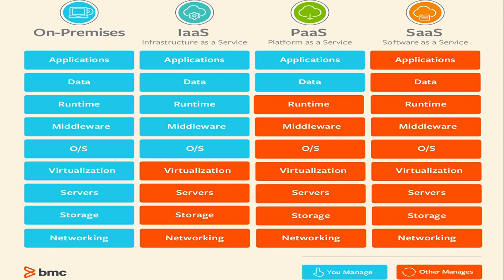In the case of platform as a service, the cloud vendor provides you network, storage, server, virtualization, OS, middleware, and runtime, and you need to manage the application and data. But with SaaS, everything becomes easy, where you don't need to manage anything. Everything is managed by the vendors, and they provide you application, data, runtime, middleware, OS, virtualization, server, storage, and networking.